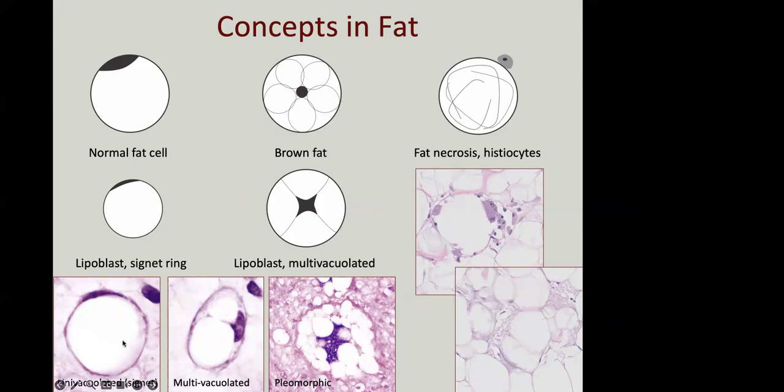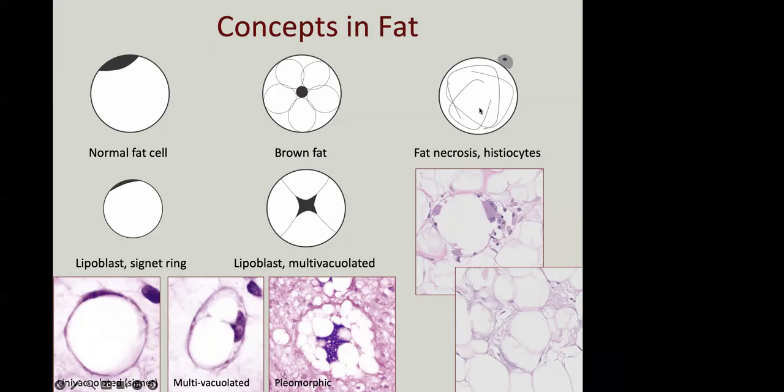Lipoblasts, on the other hand, have nuclei that are indented right by the vacuole. So mononucleated, monovacuolated, bivacuolated, or multivacuolated all indent the nucleus, as you can see here. Brown fat has multiple vacuoles that do not indent the nucleus.